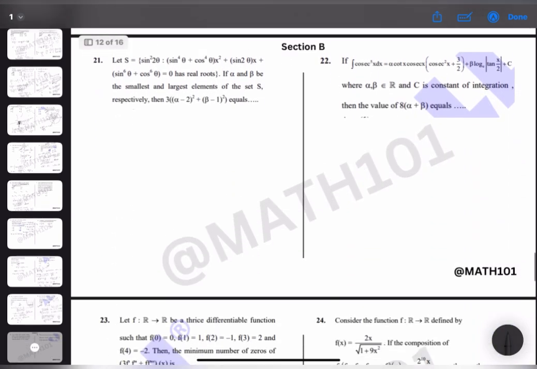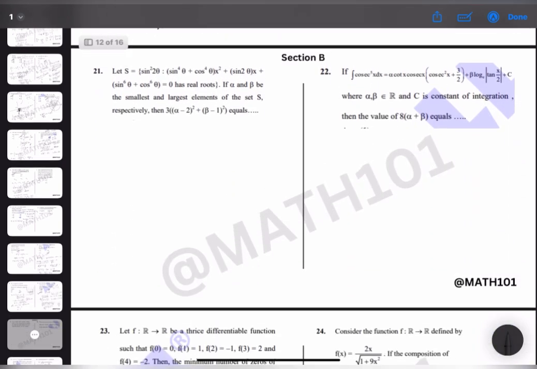Moving on. S is the set of all such sin square theta such that this equation has real roots. So for real roots, the condition is b square minus 4ac is greater than or equals to 0.